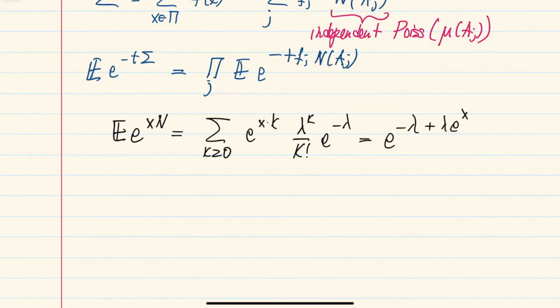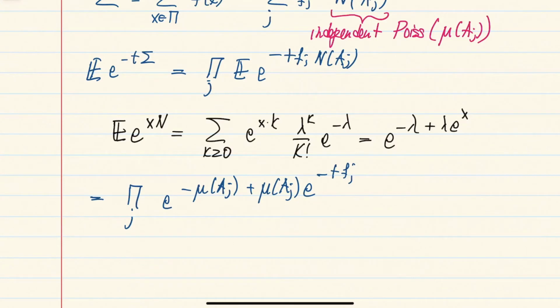So if we use this formula for each factor in the above product, we get e to the minus mu of aj plus mu of aj e to the minus t f of j. And this is exactly e to the minus the integral of 1 minus e to the minus t f of x with respect to the measure mu of x, under the assumption that the function f is a step function.